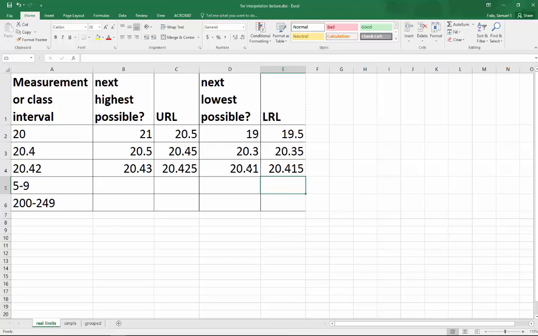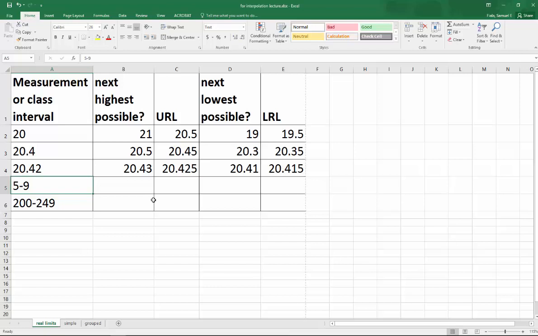We can do the same thing with class intervals. If we have a grouped frequency distribution table, those intervals have upper and lower real limits. So if we have measurements that are measured just to the level of specificity of the ones place, but we're grouping them so it's even less specific, there's a data point somewhere between 5 and 9.